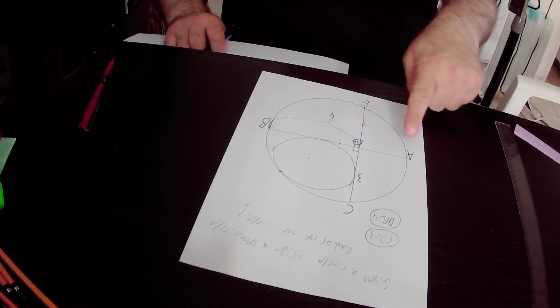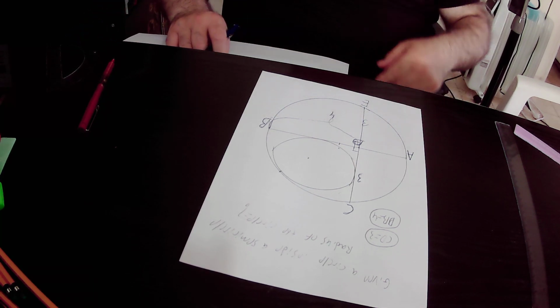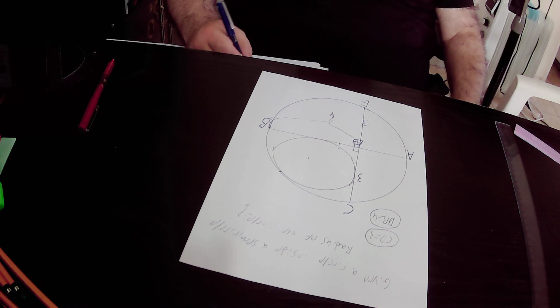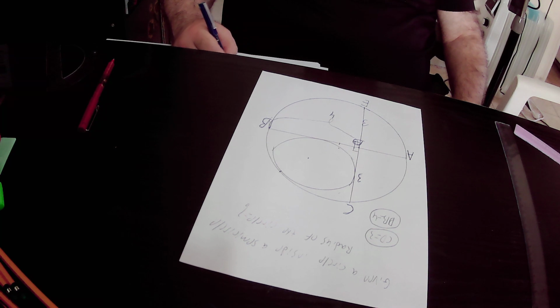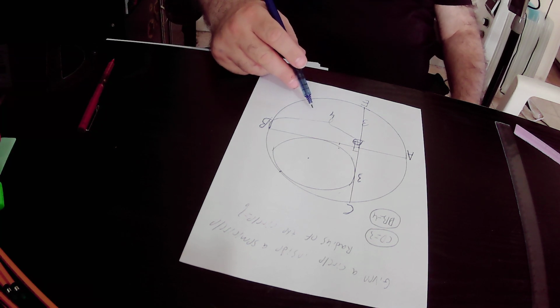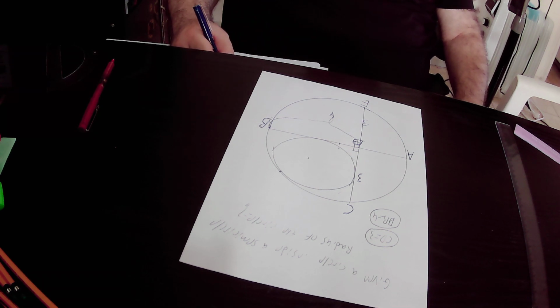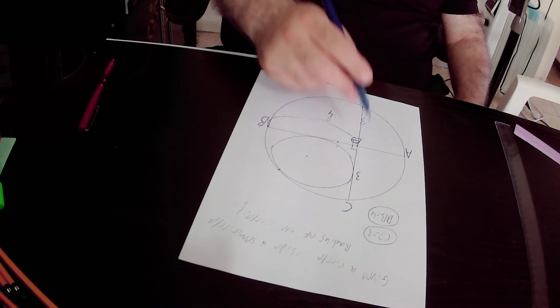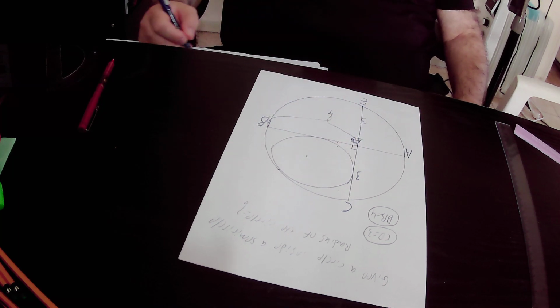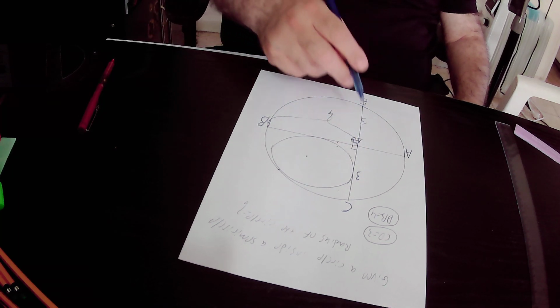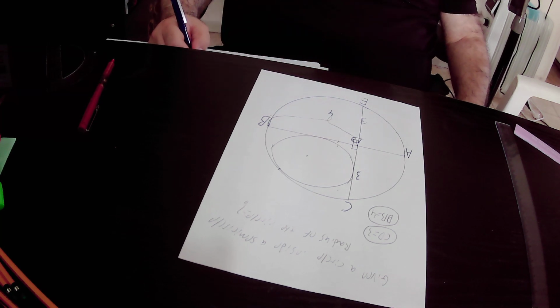AD is the missing line segment, so we leave it as it is. DB equals 4 units according to what is given in the question. So we substitute DB by 4, and CD equals 4 units according to the question. And we just found that DE equals 3 units.